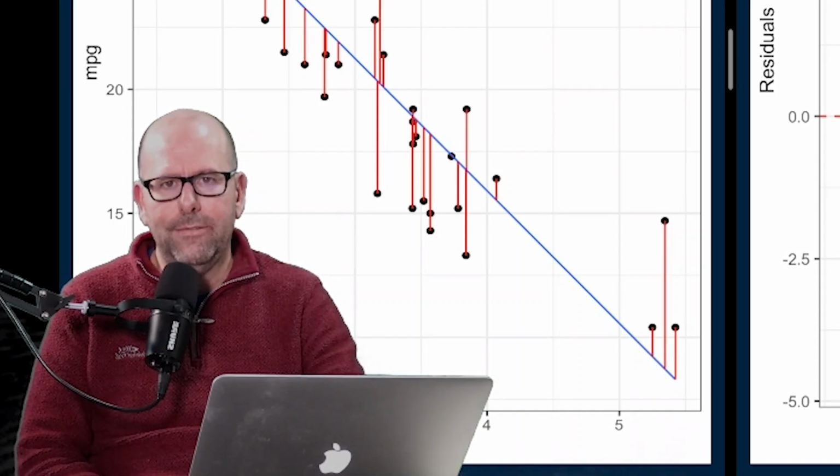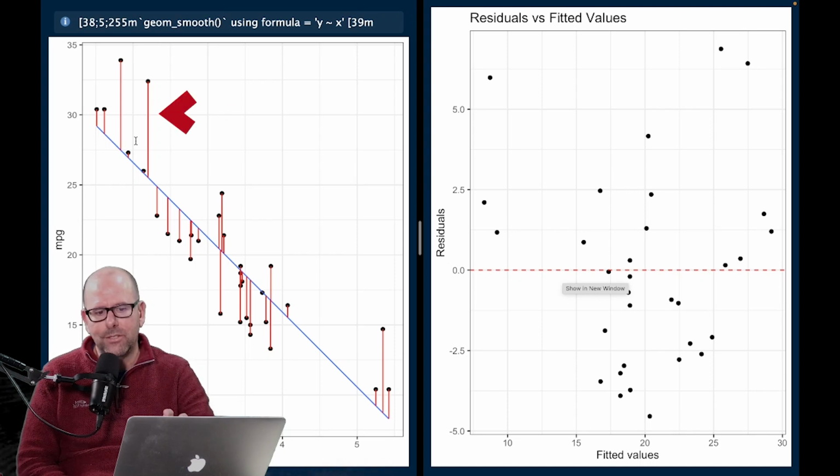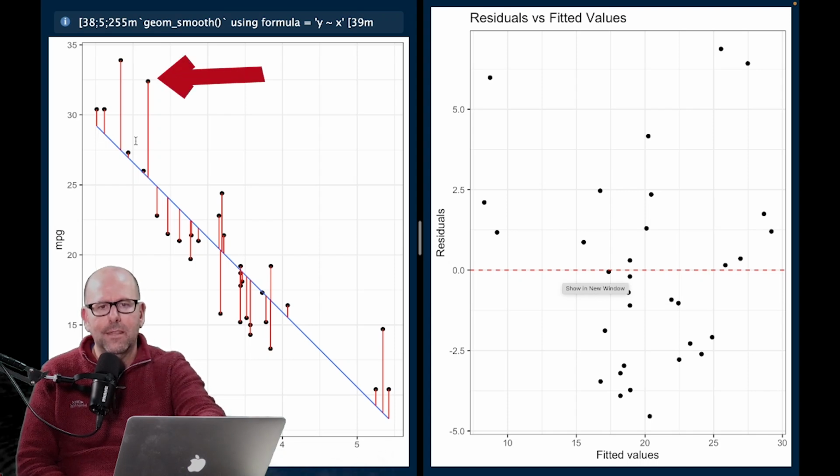And the graph on the left helps us understand what we mean by residuals. Residuals are the distance between the actual data point, so the black dots, and the fitted value for that same x-axis point, so it's the red line, basically.